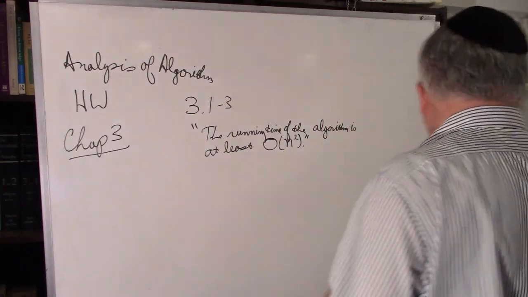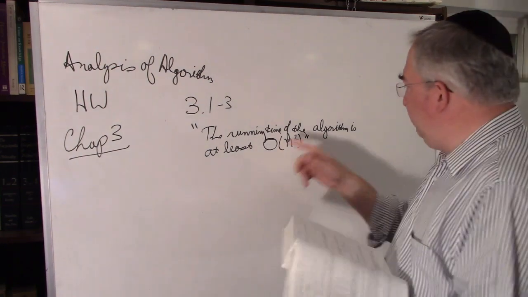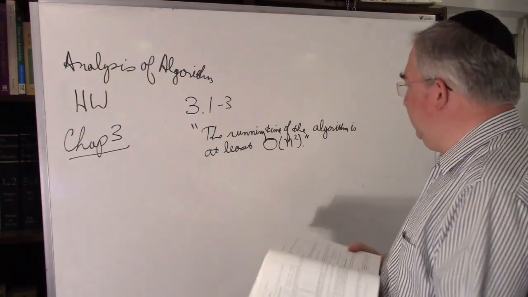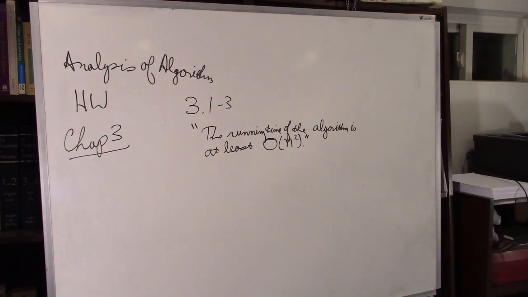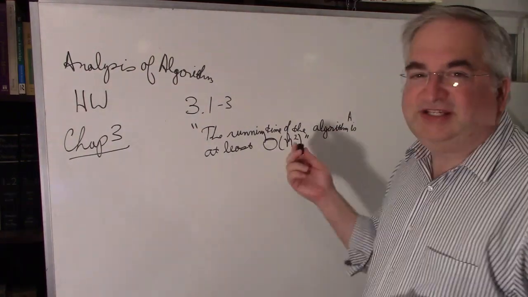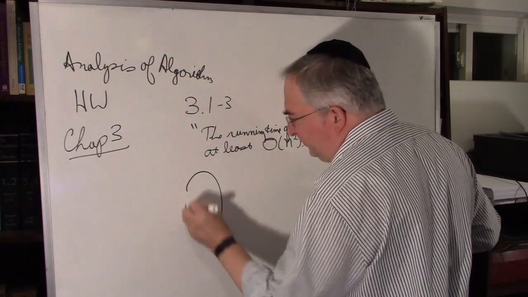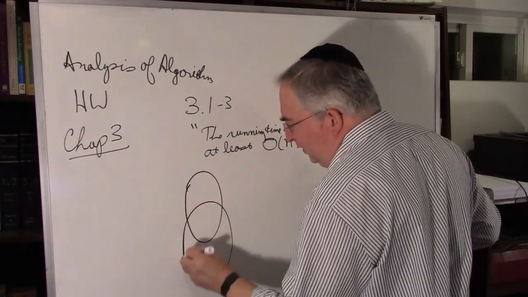3.1-3 says as follows. Explain why the statement, the running time of the algorithm A is at least O of n squared, is meaningless. Okay, so let's just look at this from what we said before.